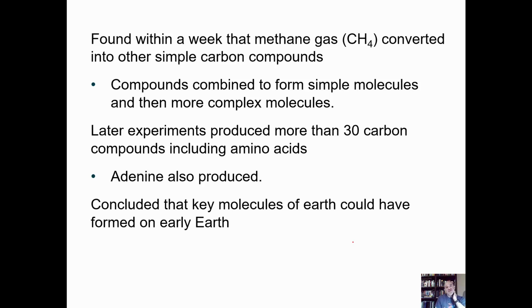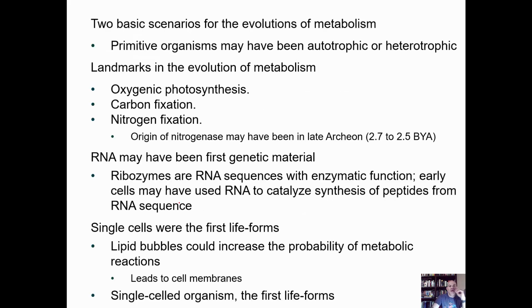Some further experimentation later on with similar setups produced over 30 different carbon compounds, including several amino acids, and even adenine. And we know adenine is found in adenosine phosphate, which is a component of DNA. So this is the base adenine. Again, we can see here that these key molecules can form here on Earth.